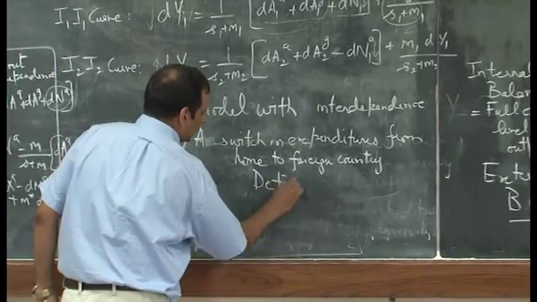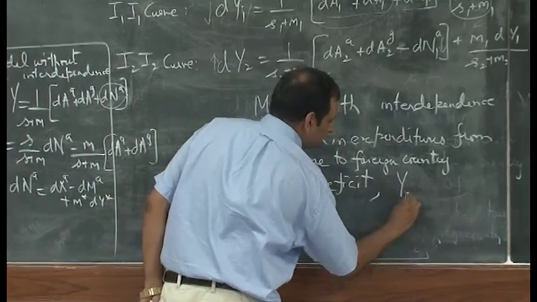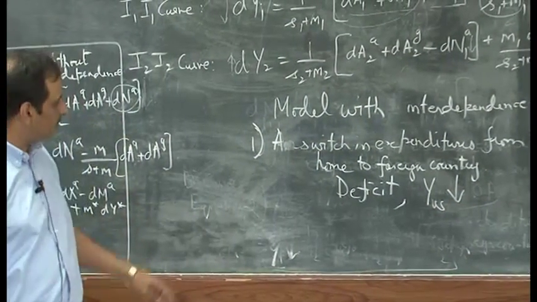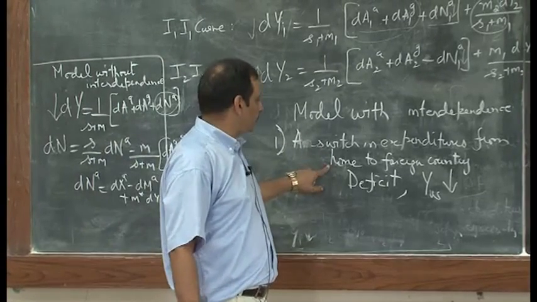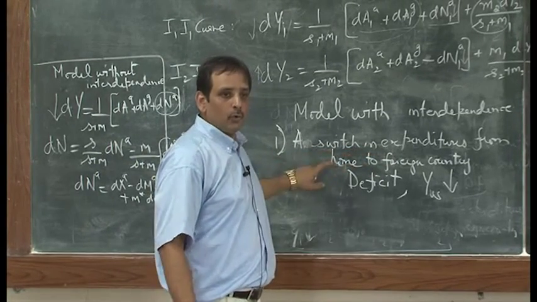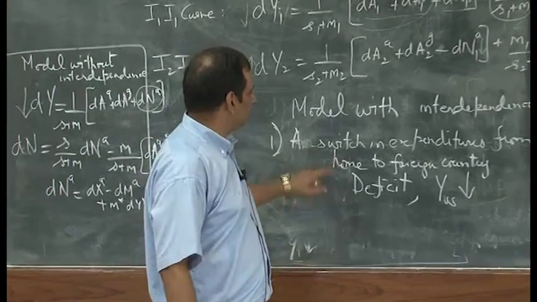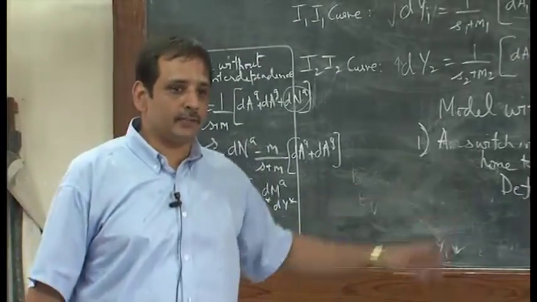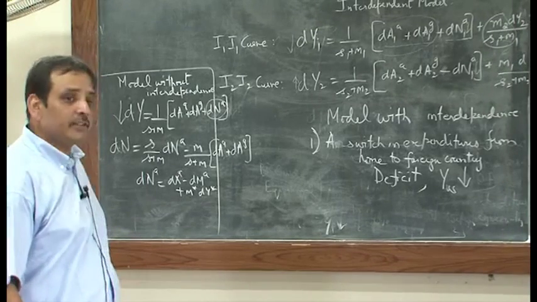There is a deficit in the balance of payments, absolutely right. And when there is a deficit, remember the incomes in the US go down. So the appropriate policy in this case is to switch back your expenditure from foreign to home goods, right? And say, for example, if the US decides to do nothing.